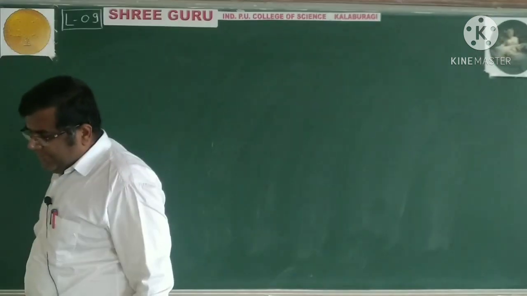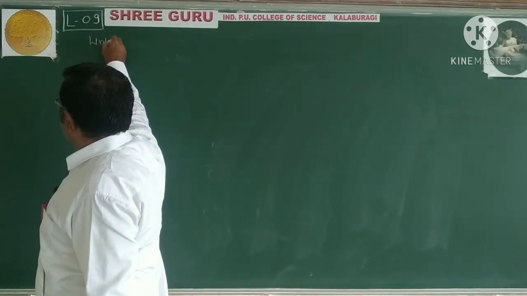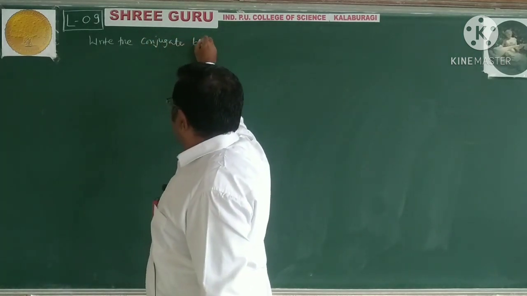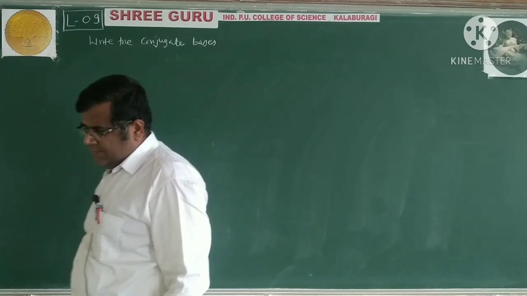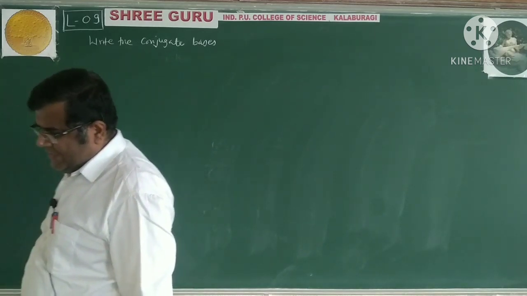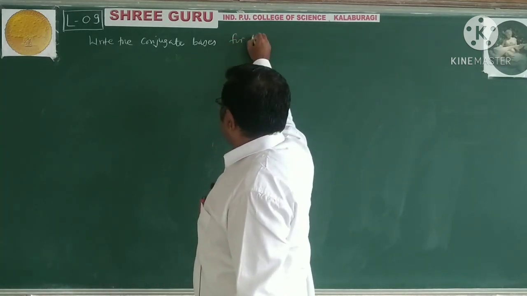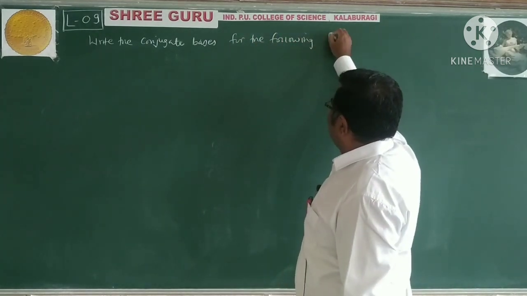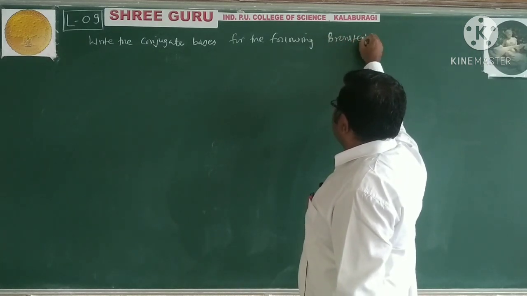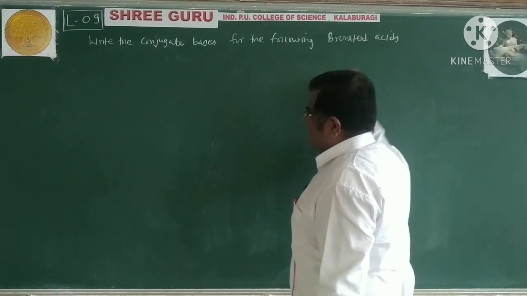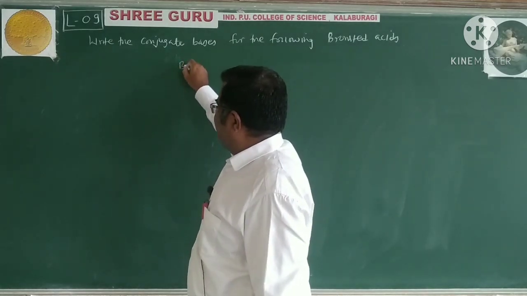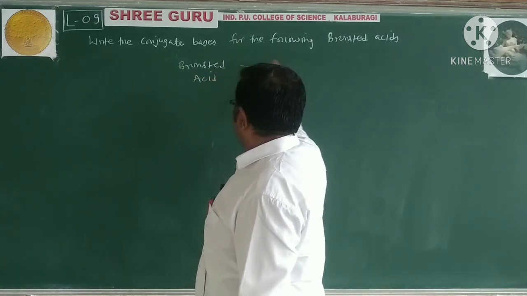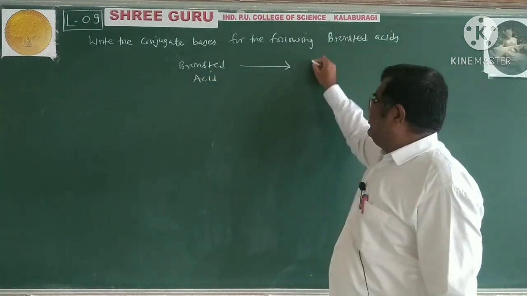Write the conjugate bases for the following Bronsted acids. Bronsted acid, Bronsted base.